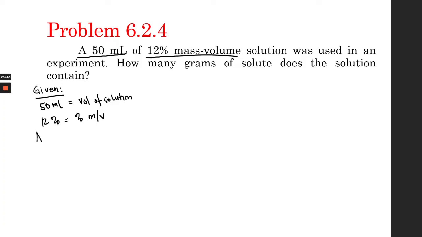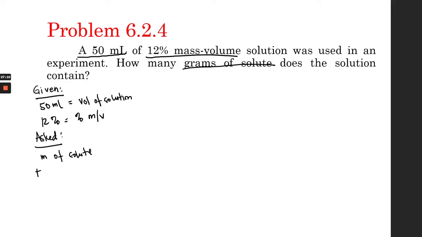What they are asking us is how many grams of solute, so the mass of solute the solution contains. They gave you the total volume of your solution and the percent mass volume, the concentration, then they're asking you the mass of the solute.